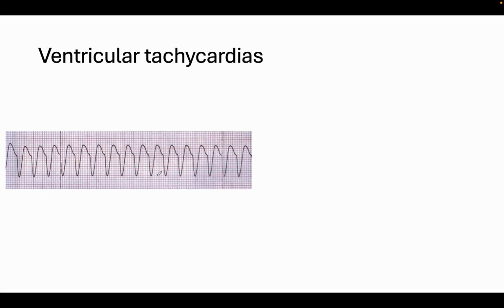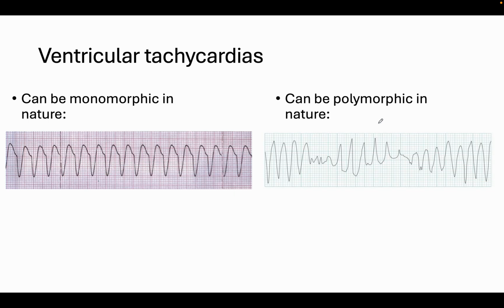They're fairly similar. In this case, this is a monomorphic VT because the morphology of each ventricular beat is the same. You can also have examples of polymorphic VT where the QRS morphology varies between each beat.